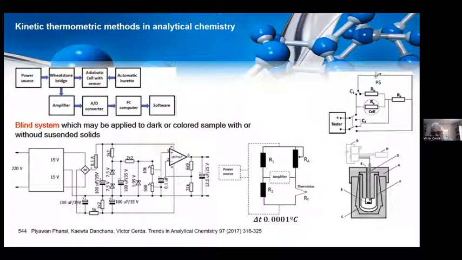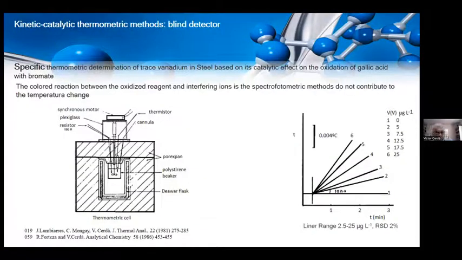If you have an amplifier, you can measure a change of temperature as low as 0.001 centigrade degrees. It means very low temperature change.